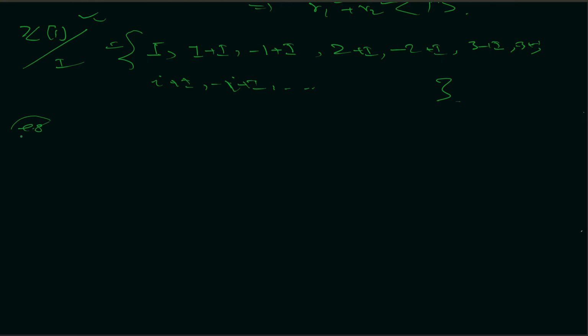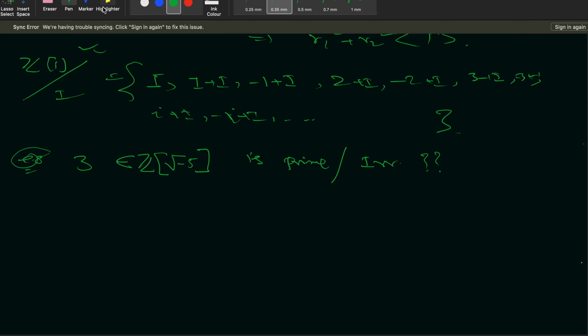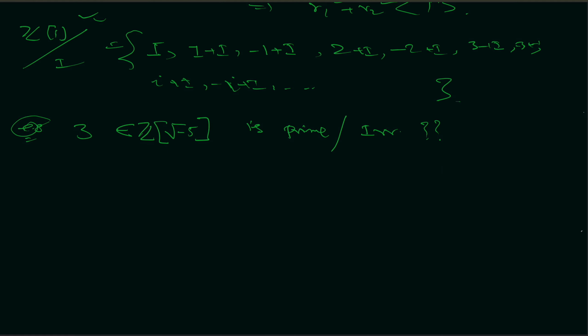Now some other example you can take. I will give you question 3: in Z[square root of -5], is 3 prime or irreducible? What do you think? Is 3 prime, irreducible, both prime and irreducible, or neither?